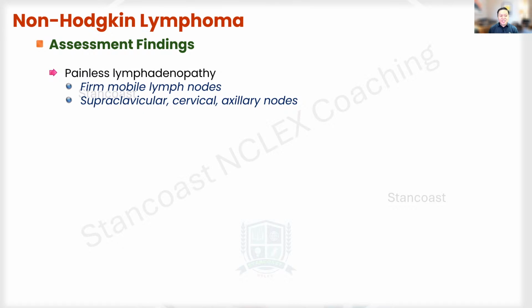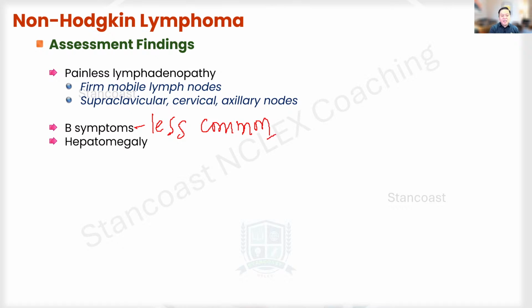Now, the patient here with the NHL, they're also going to be manifesting the B symptoms like we talked about earlier, but they are less common in this patient with an NHL. They can still have the B symptoms, but less common. Now, they're also going to manifest the enlargement of the spleen, the liver, and once the cancer cells have spread into the bone marrow, then this is the time that they're going to manifest a drop in their red blood cells.